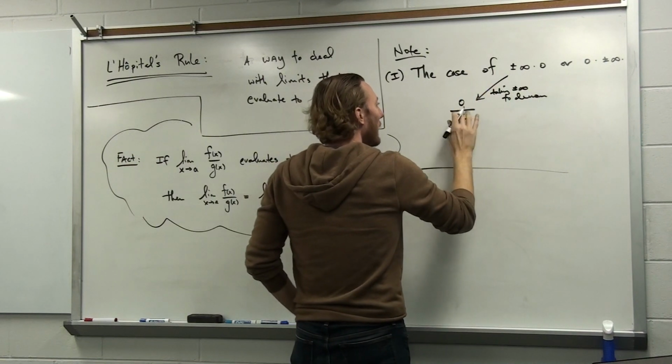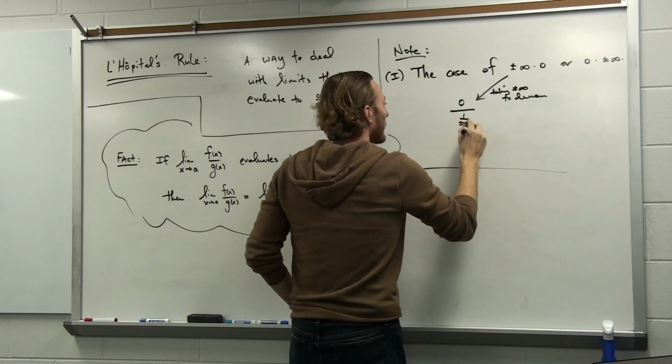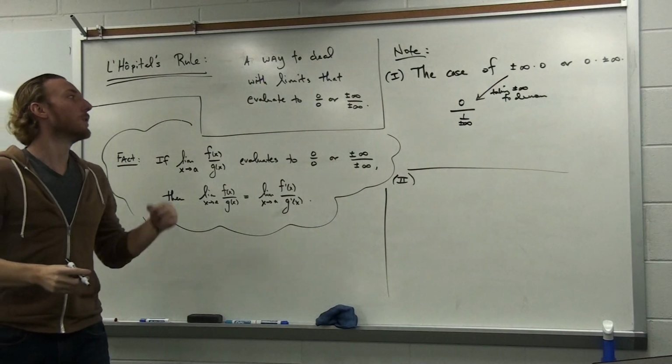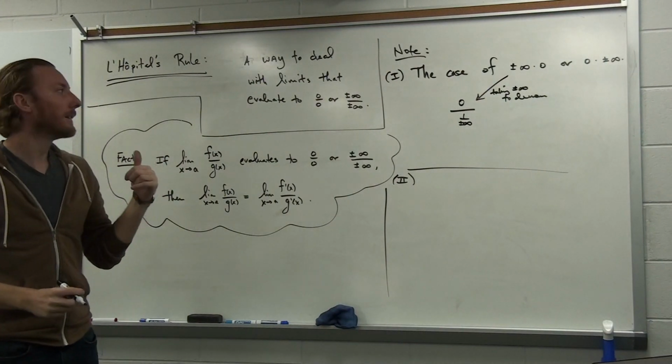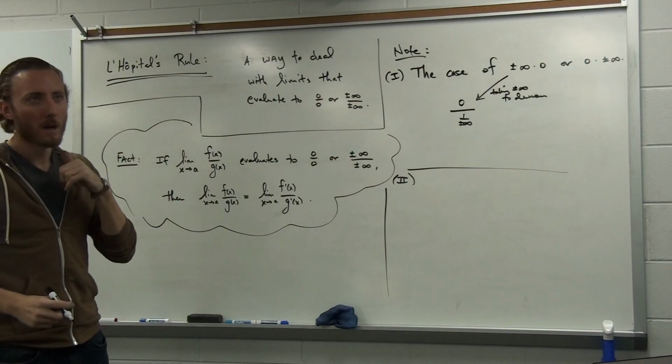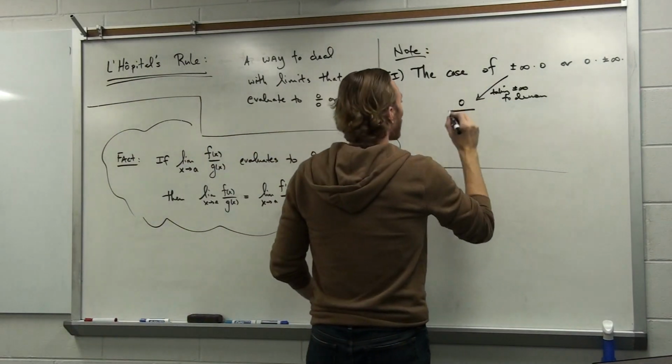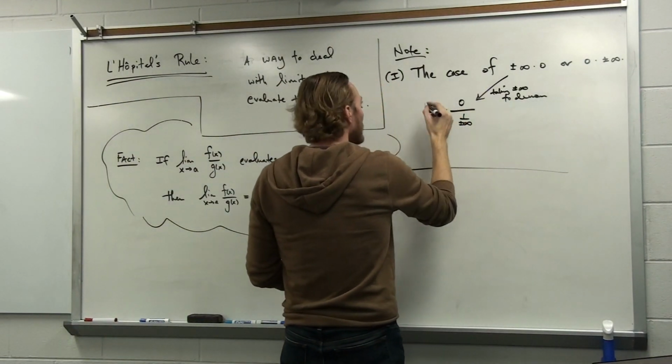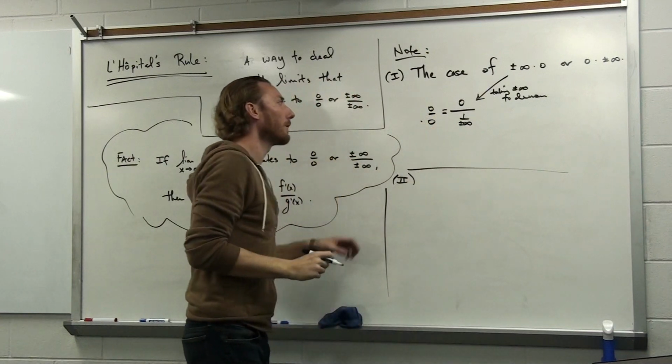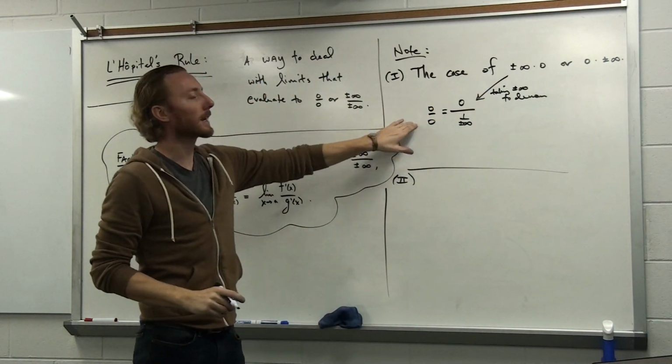The infinity would show up in the denominator as 1 over infinity. But what is 1 over a very large thing? 1 over a very large thing is practically nothing. So this would be the 0 over 0 case in disguise.